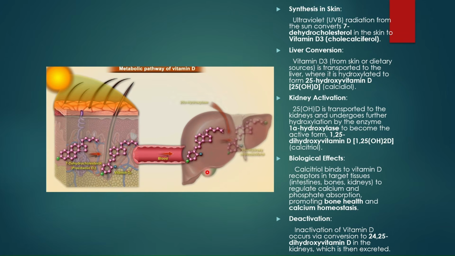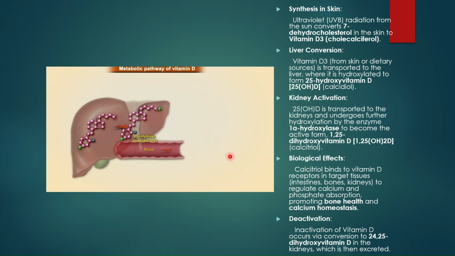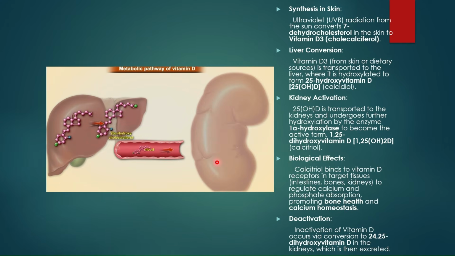This compound is further transported to kidney, where it undergoes further hydroxylation by enzyme 1-alpha hydroxylase to become the active form, that is 1,25-dihydroxycholecalciferol, also known as calcitriol.